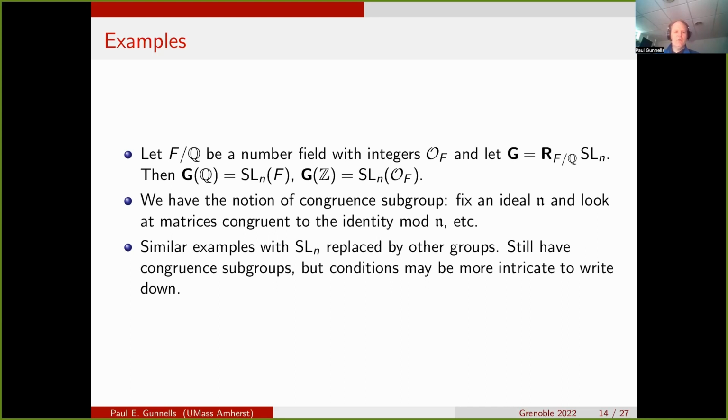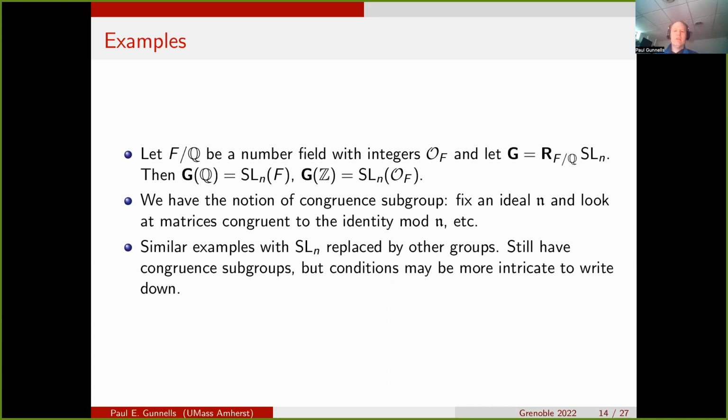These examples were all for SL_n, but we can do similar things with other groups. We can write down congruence subgroups. For example, say you wanted to do it for Sp_2n(Z), how could you do it? One thing you could do is just sit it inside SL_2n(Z), think of it as a subgroup of that, and then take the intersection.